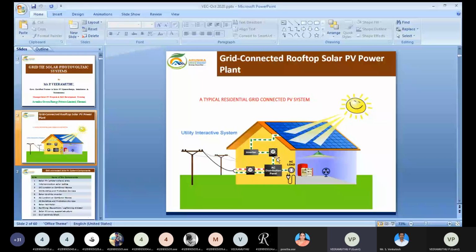That AC energy is directly fed into the electricity board, the EB. Here the AC output of the inverter is synchronized with the electricity board.